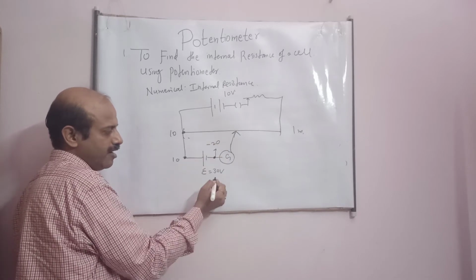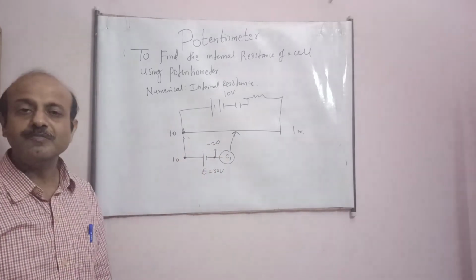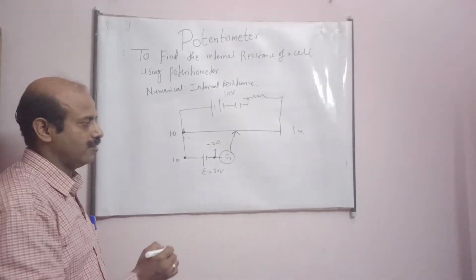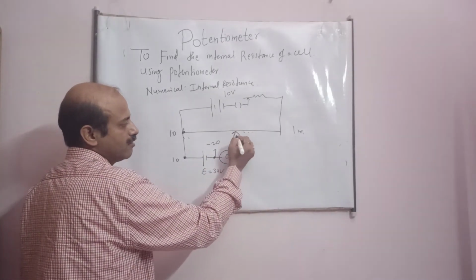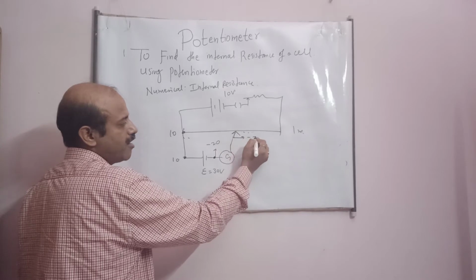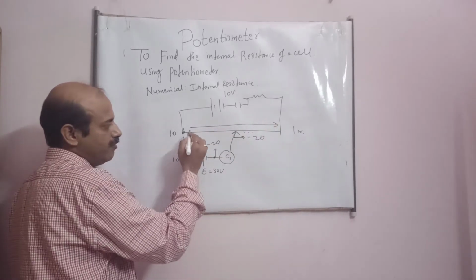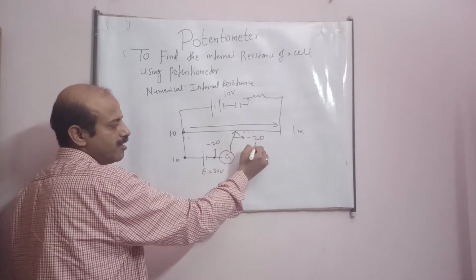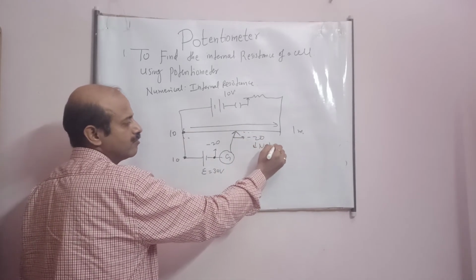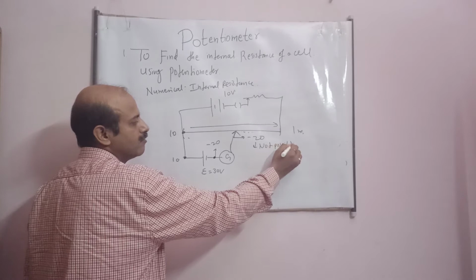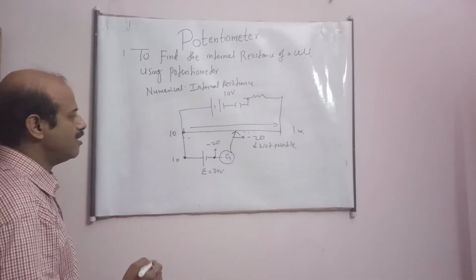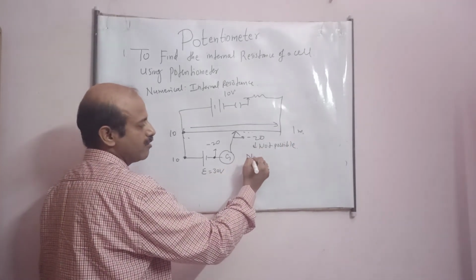You find the difference, you will get 30. This means in order to get null point, I should have the potential of this point minus 20 along this wire, student. And if you go throughout this wire, minus 20 is not possible. This means null point cannot be obtained, student.